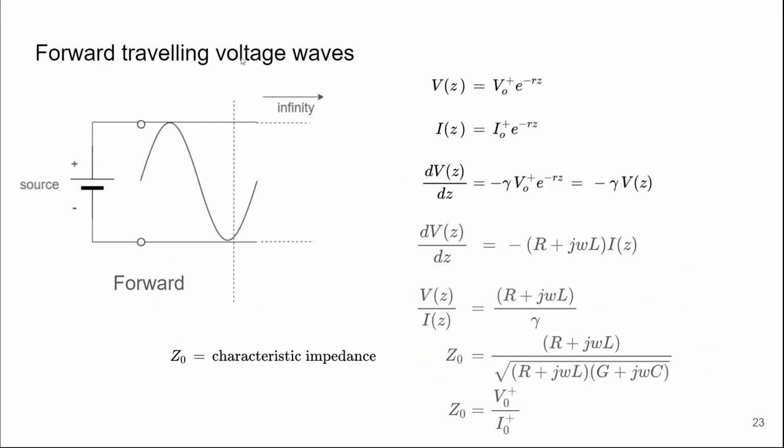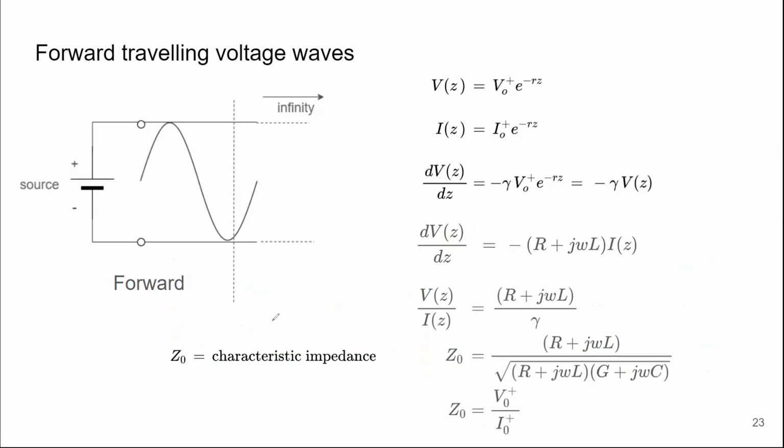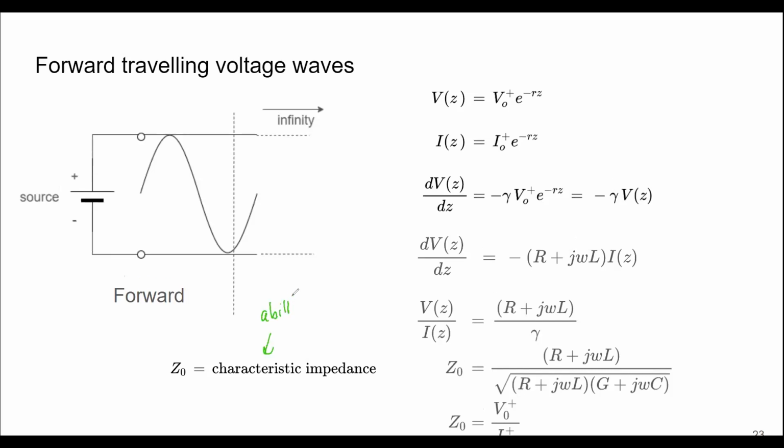And then we have other things which are about the characteristic impedance of the line. Characteristic impedance gives us an intuition about the ability of the transmission line to transfer energy from one point to another.